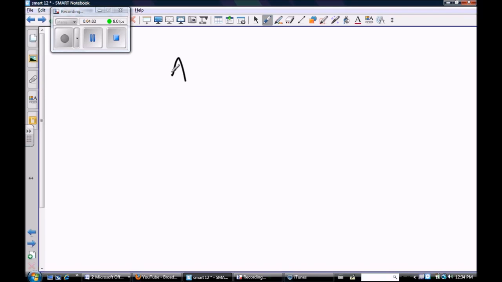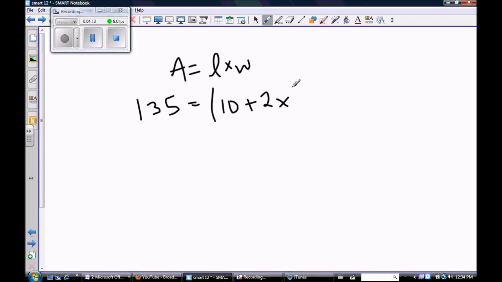So again, area is length times width. And we know that the area is 135, and we just found that the length was 10 plus 2x, and we found that the width was 4 plus 2x. So there's an equation, and all I have to do now is solve for x.